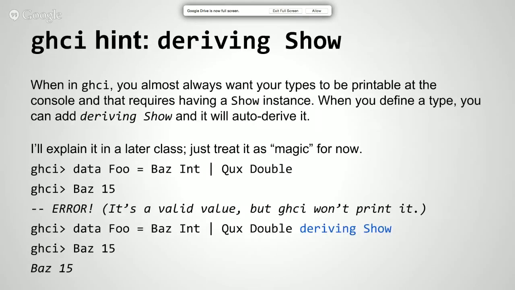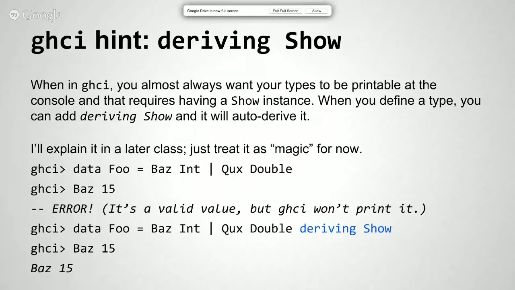And this is the deriving Show piece that I mentioned. When you're working in GHCi, you almost always want your types to be printable at the console. And that requires having a Show instance, because what GHCi, or the REPL, as I'll often call it, does is it calls the show method on the return value and prints that to the console.